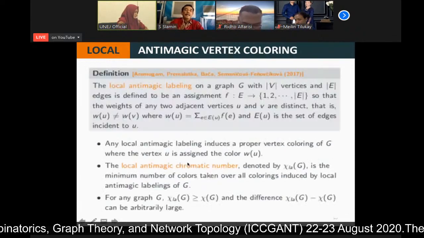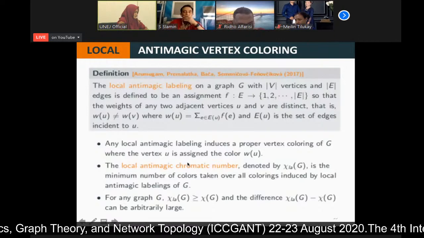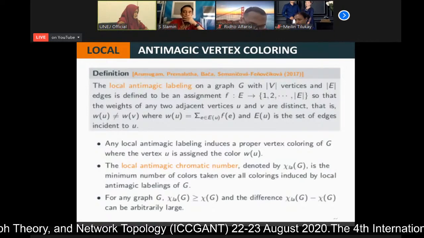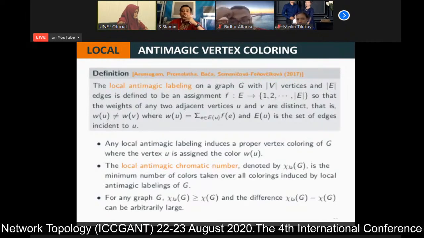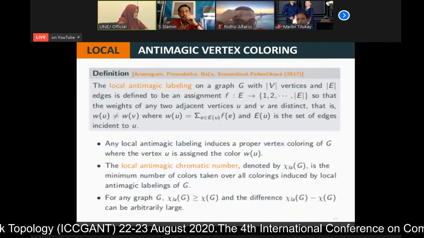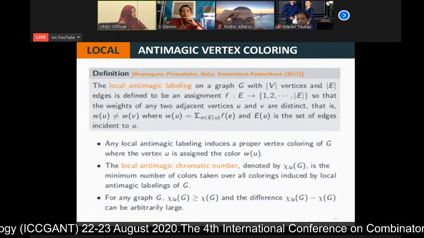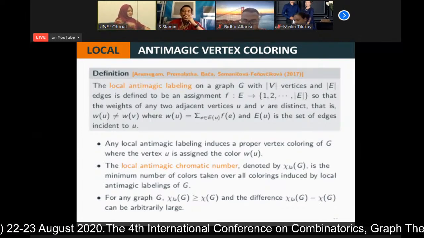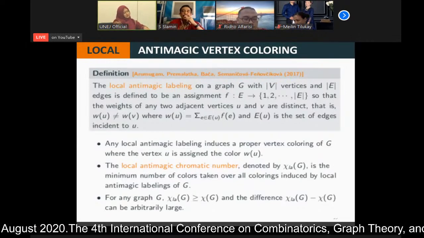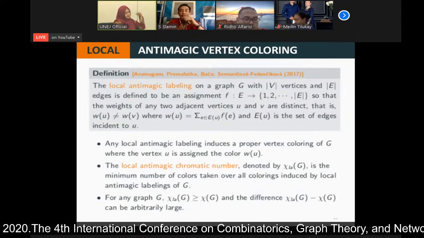Okay, let's see. This problem was first introduced by Arumugam and others, and his student Premalatha, and we also know Martin Bača very well, and also Andrea Semaničová-Feňovčíková.